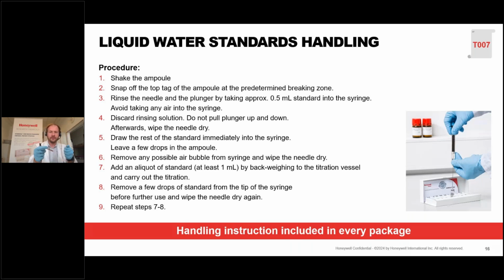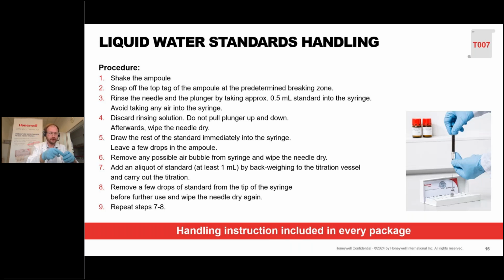So the first step is to homogenize your sample inside the beaker or the water standard inside the ampule. Then snap. Oh, I have also some glasses. That's good. It's always good, of course, to wear protective equipment, and that's important.